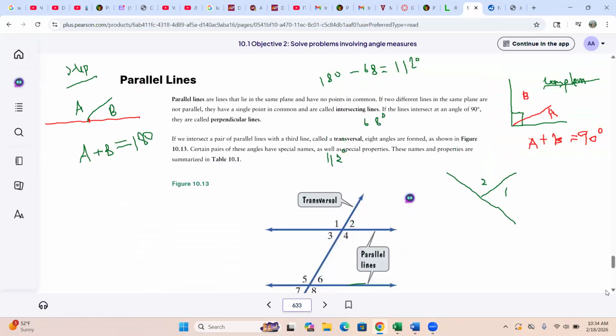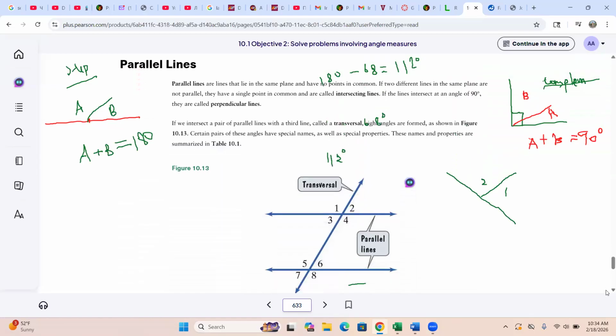Well, another thing they discuss is parallel lines, lines that do not intersect. They are parallel when they don't intersect with each other, but they're still in the same plane. So we're talking about lines in a plane. And with these parallel lines, we can produce 8 angles, and they show it very nicely on figure 10.13 down below. So there are 4 angles in one joint and 4 more angles in the other joint.